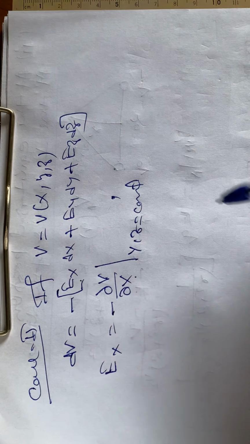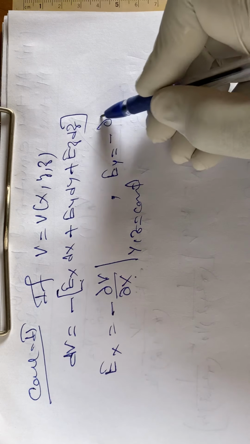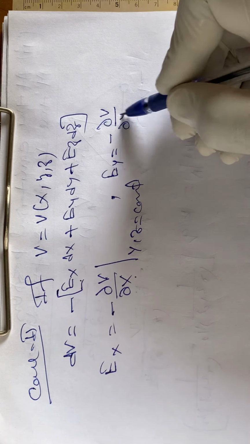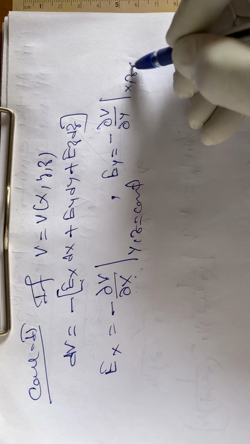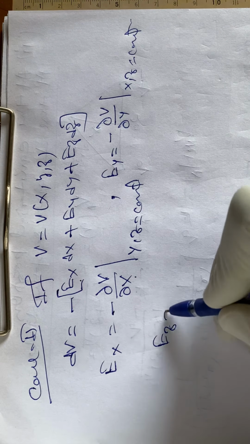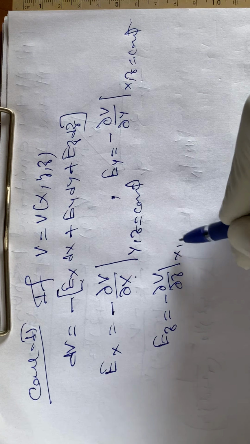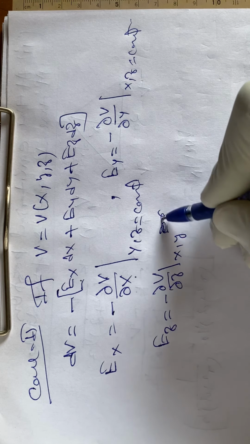So it's a simple derivation. Suppose we want to find Ey, differentiate V with respect to y, keep x and z as constant. Same way, Ez is minus of del V over del z, keep x, y as constant.